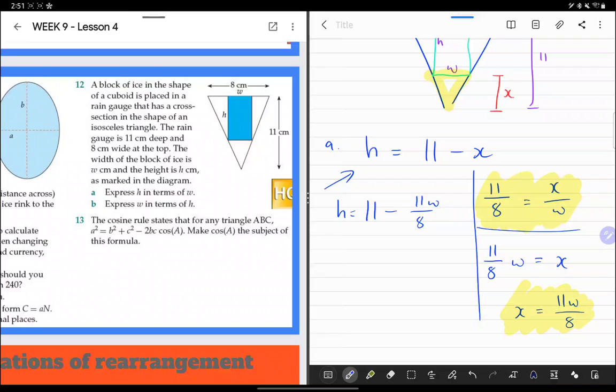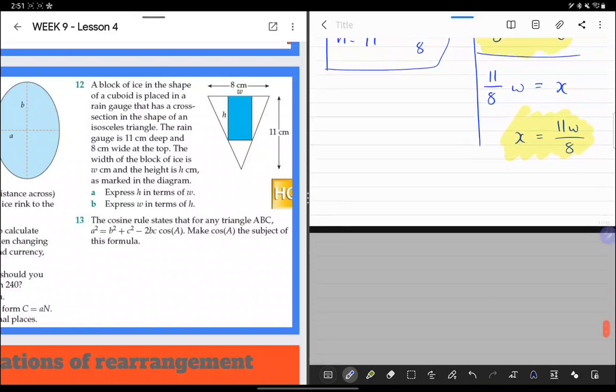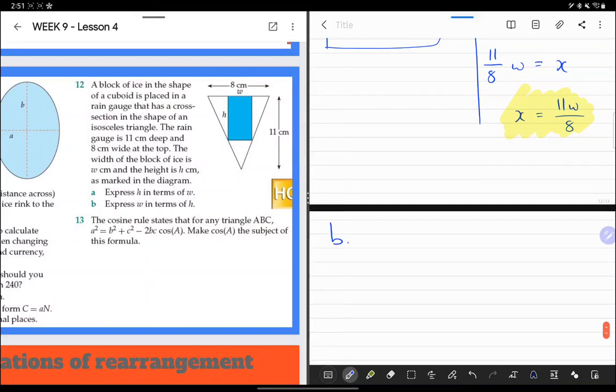I mean, you can do more, like you can put it into a single rational expression, which means putting it into one fraction, if you'd like. But that's it. That's the equation. That's H in terms of W. I've fulfilled the question.